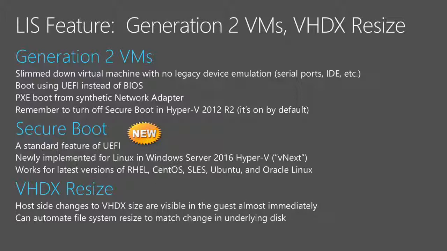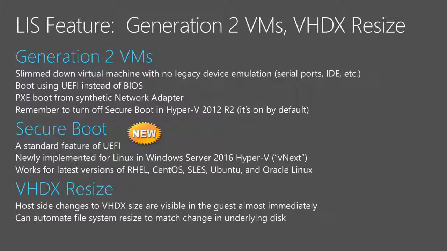You can PXE boot for synthetic NIC, which is a really nice capability on the Generation 2 VMs. You do have to turn off secure boot. Hyper-V in 2012 R2, by default, when you create a Generation 2 VM, has the secure boot checkbox checked. And the Linux within Hyper-V 2012 R2 is not able to do secure boot.